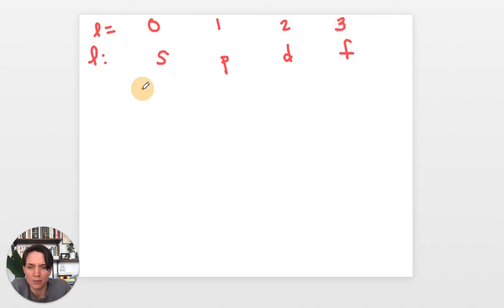An S orbital just has an m sub L of 0, so that means there's only one orbital. It can only hold 2 electrons.